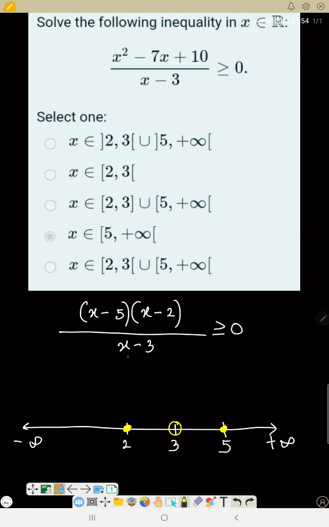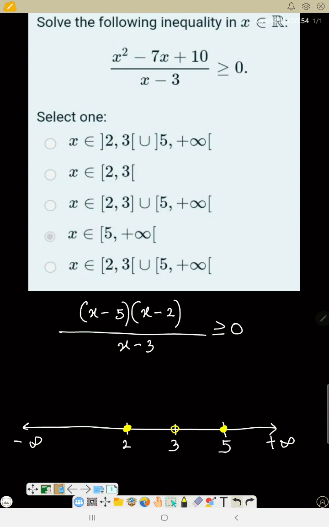Because if this one is 3, it will be 3 minus 3, and that is 0. So except 3, that is, remove 3. That is why this notation here will be open. See, the rest is shaded because of the equal to, but the other one is open because we exclude 3 here.